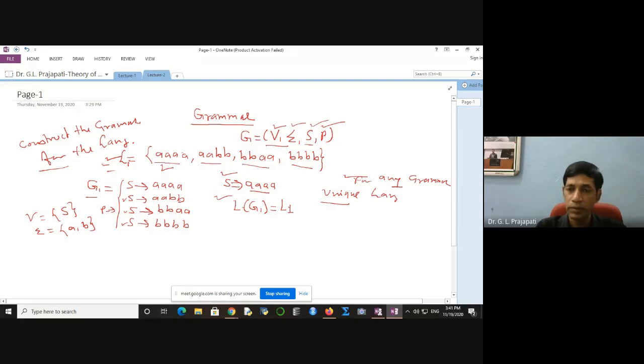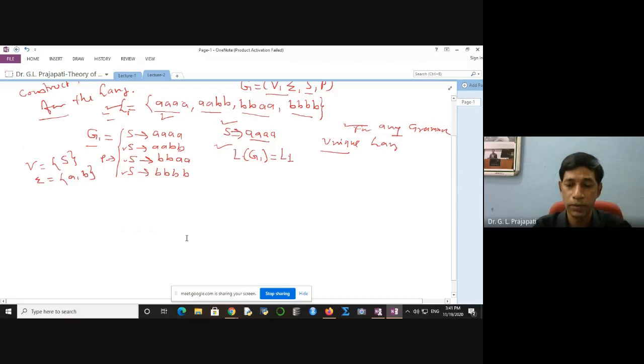So somebody may say that the grammar for the given language L1 can be written like this, like G1. So I may write G2 here.